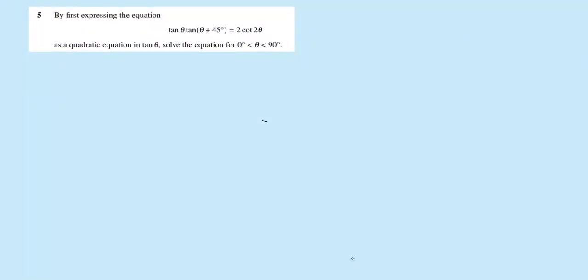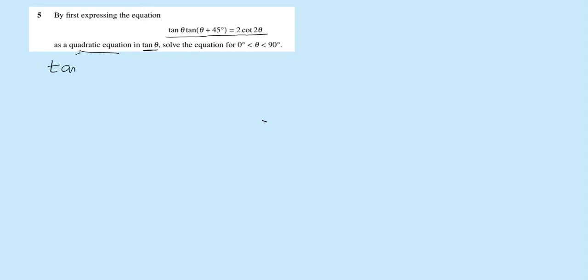In this question, we need to convert this equation into a quadratic equation in terms of tan theta. So we already have tan thetas here, but we have a cot 2 theta that needs to go, and this angle needs to get separated. So let's get started.